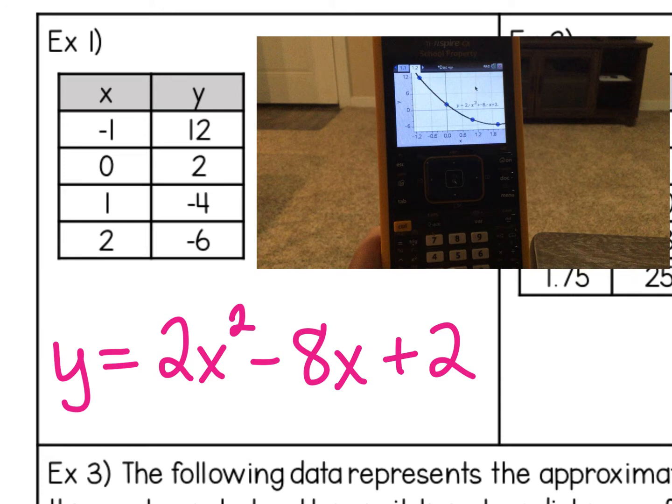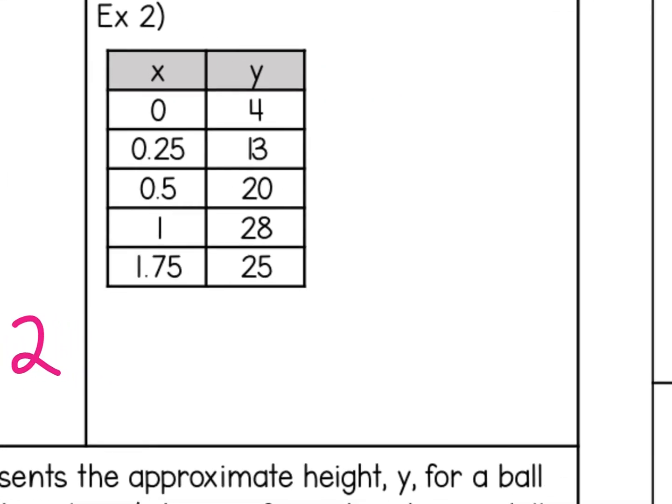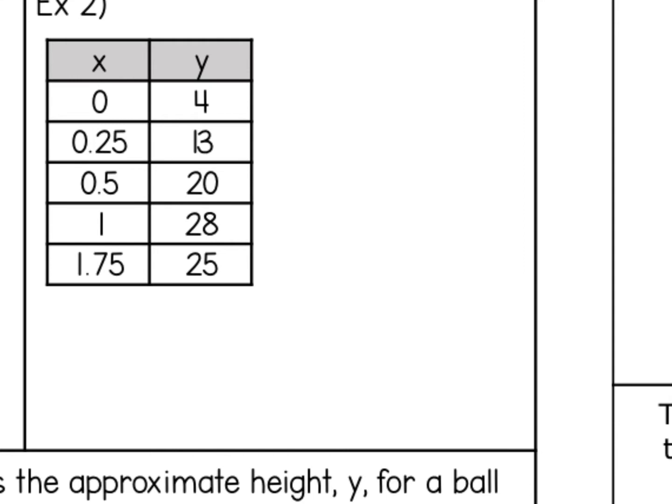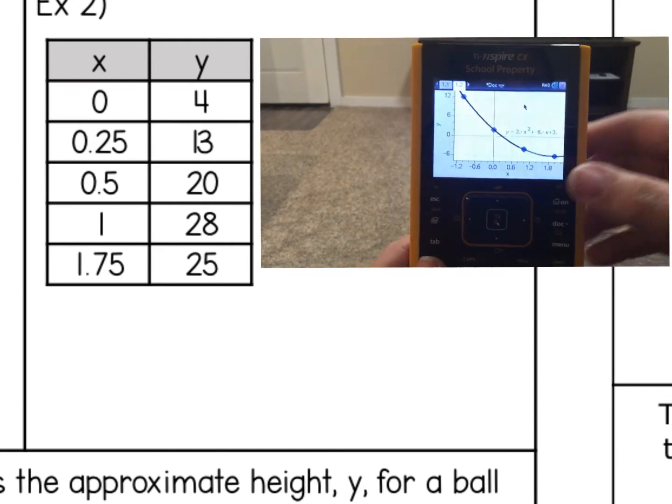Okay, now let's do another example similar to that. So I'm going to get this video out of the way. And now let's look at this second table. Okay, now to do the second table, I'm going to start all over again.